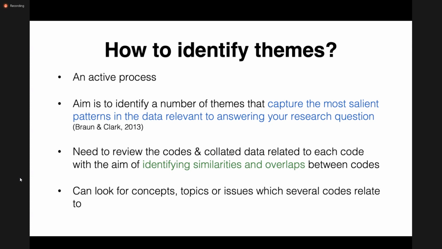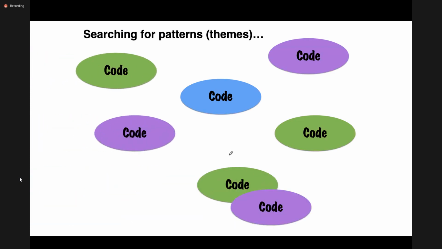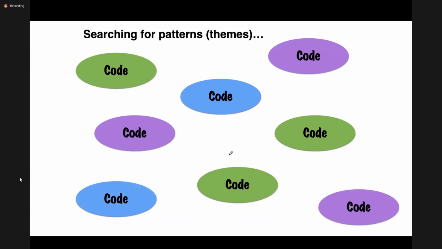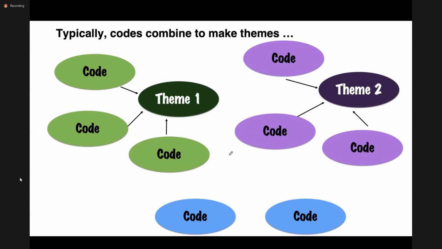Put them under a single concept or a topic or an issue that we can categorize them under. So we have several different codes like this. By looking at any similar codes, any similar ideas, now we want to bring them together under different themes, different categories.